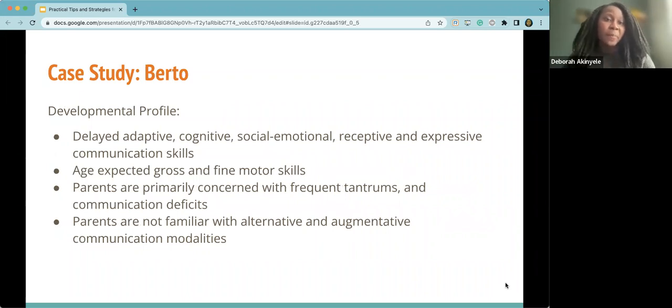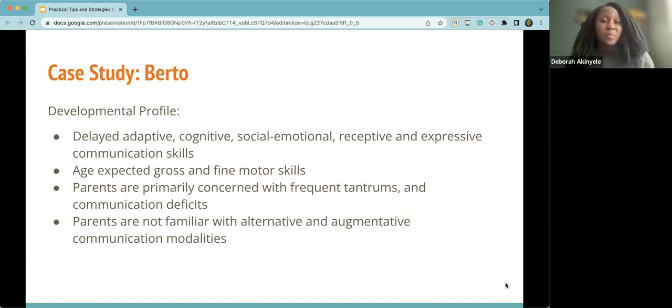So kind of thinking about the developmental profile for Berto. He has delayed adaptive, cognitive, social, emotional, receptive, and expressive communication skills, but has age expected gross and fine motor skills.